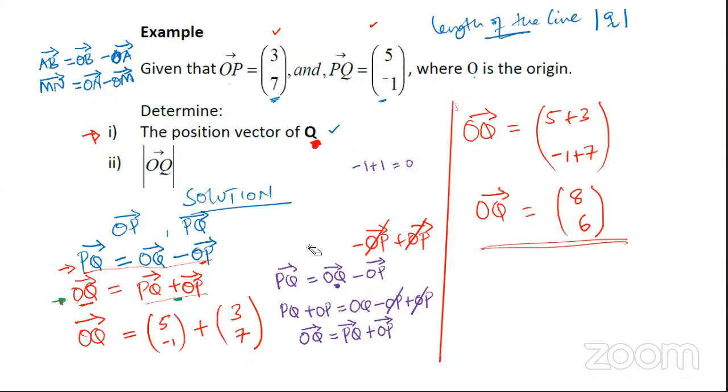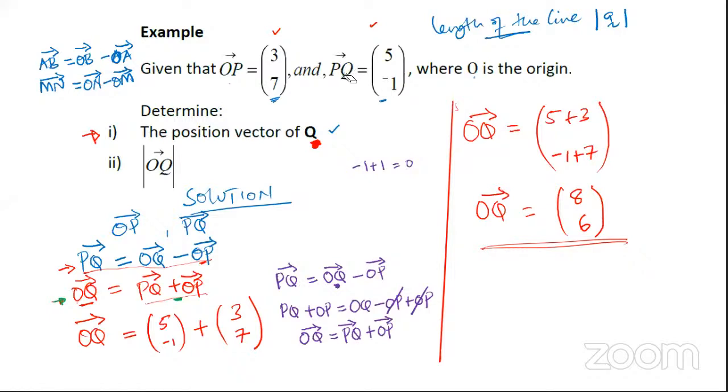Daphne? Yes, Daphne? Miss, why have you said that PQ is the original one? No, it's not the original one. It is what we've been given in the question. The question has given us PQ, but from PQ you can find OQ.